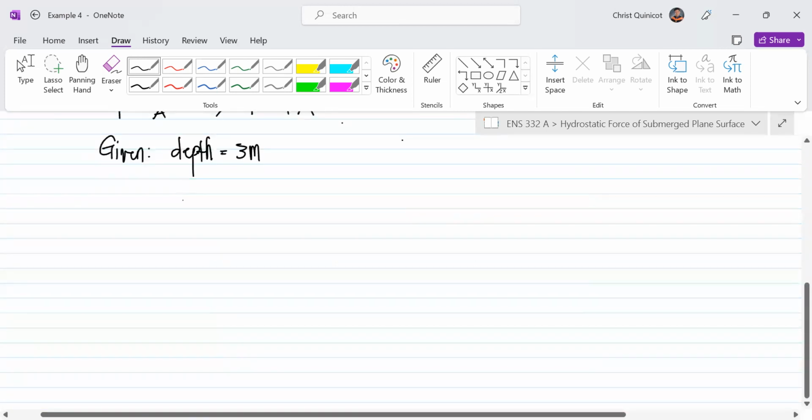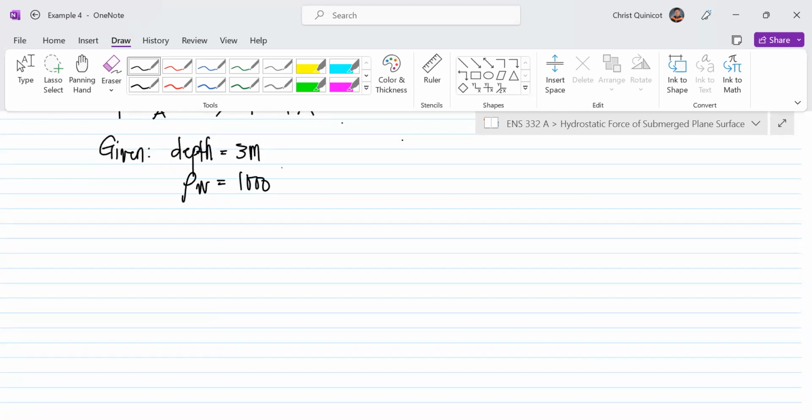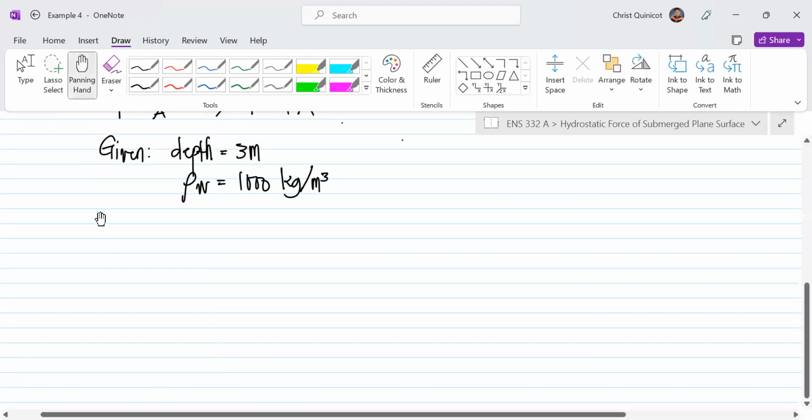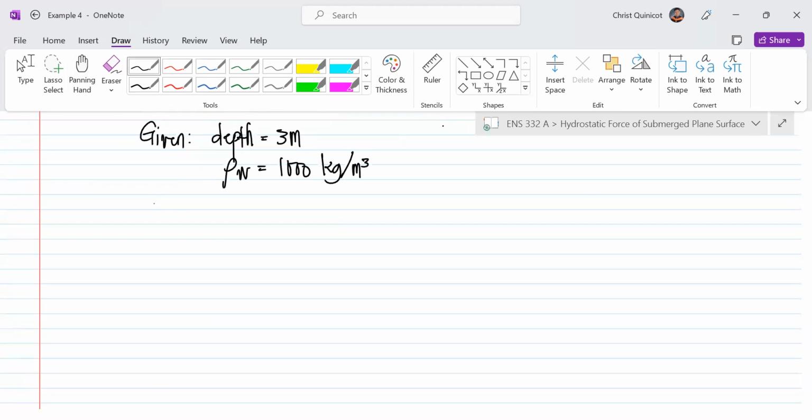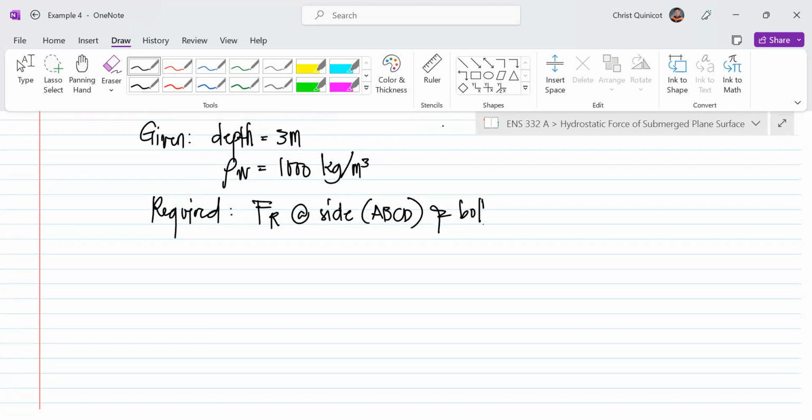So the density of our water is equal to 1,000 kilograms per cubic meter. What is required is the resultant F sub R at the sides, which is side A, B, C, D, and at the bottom.